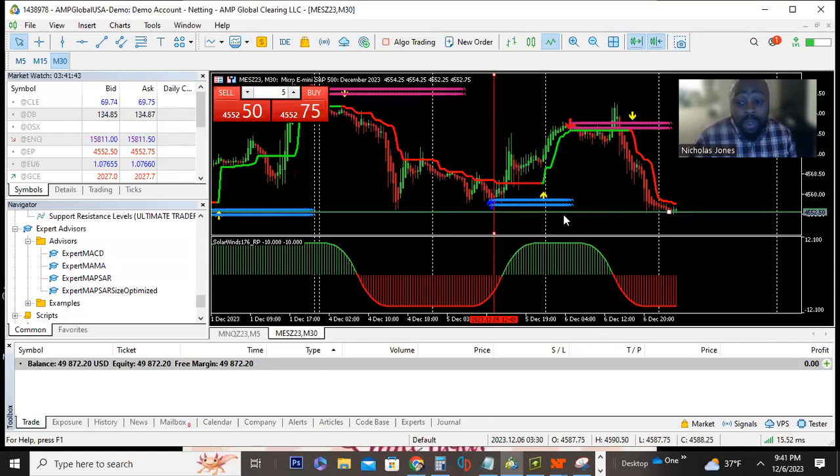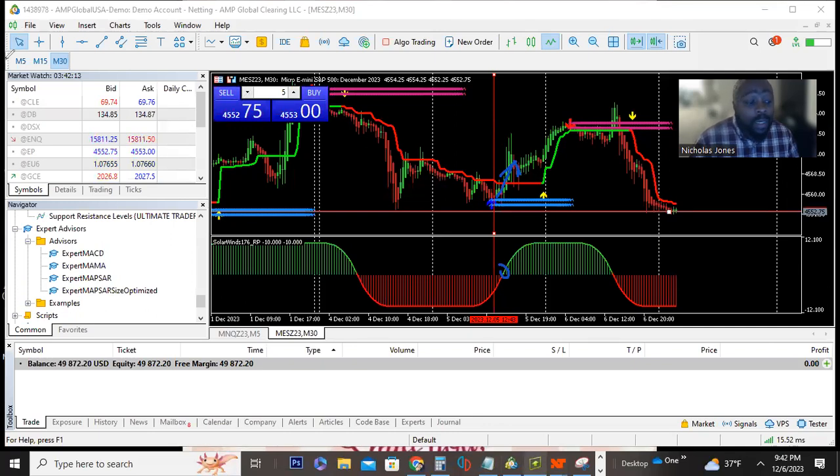I had my support come up here at this point, and then on the 30, I had my Solar Wind break through this 0 point here. The candles crossed over the Holy Grail indicator, and we entered.